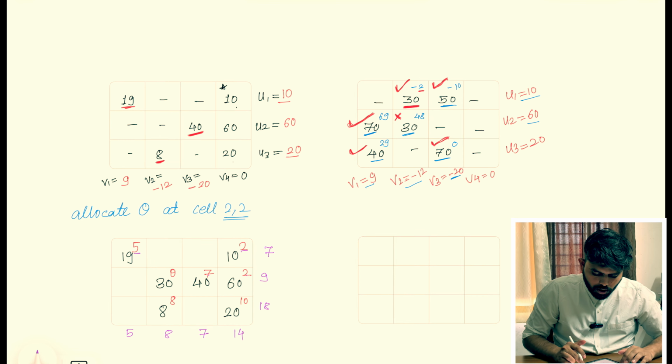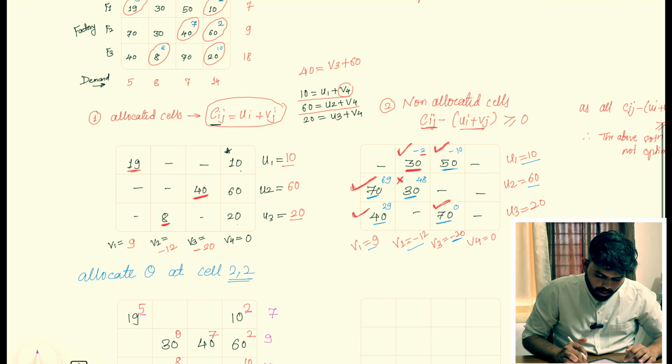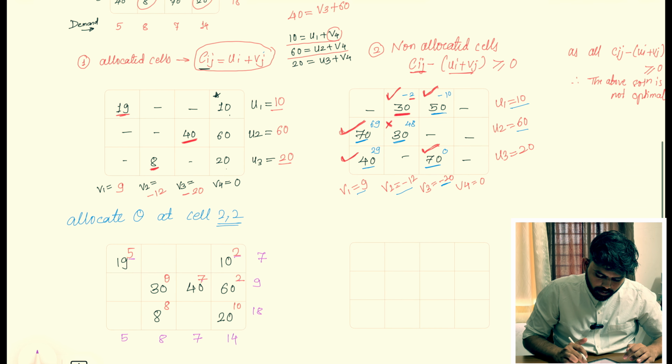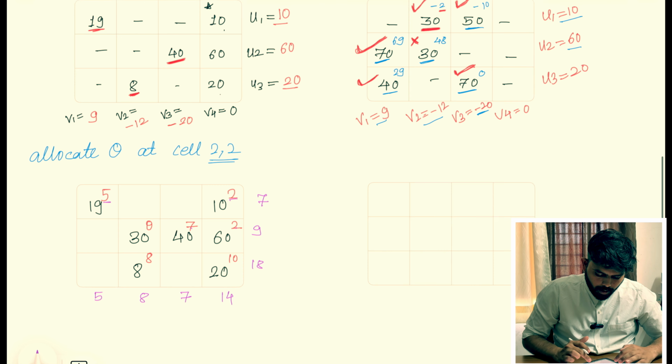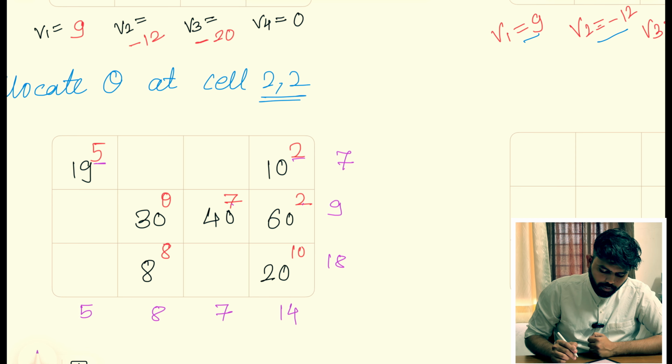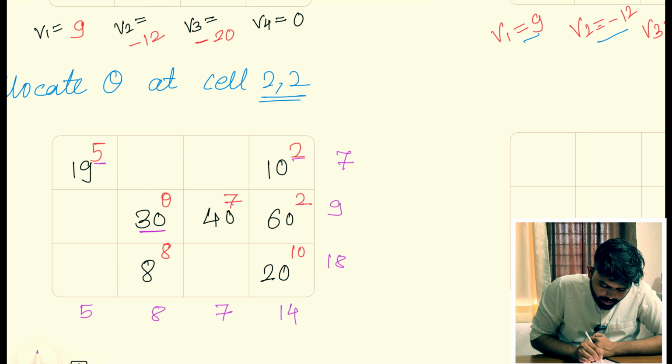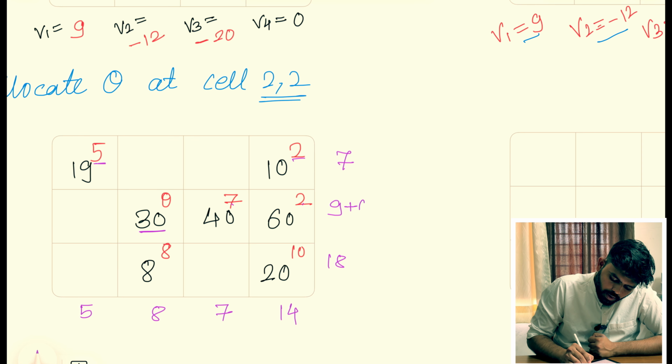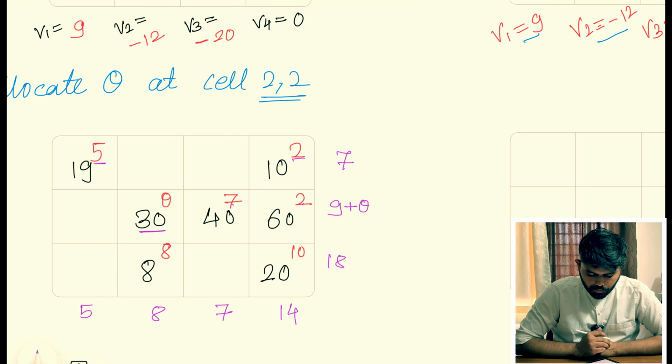If we see the initial numerical, this is nothing but the demand and supply which is given. So if we add the allocations, we will get the demand and supply. But now here we have added a theta. So now this will become 9 plus theta.